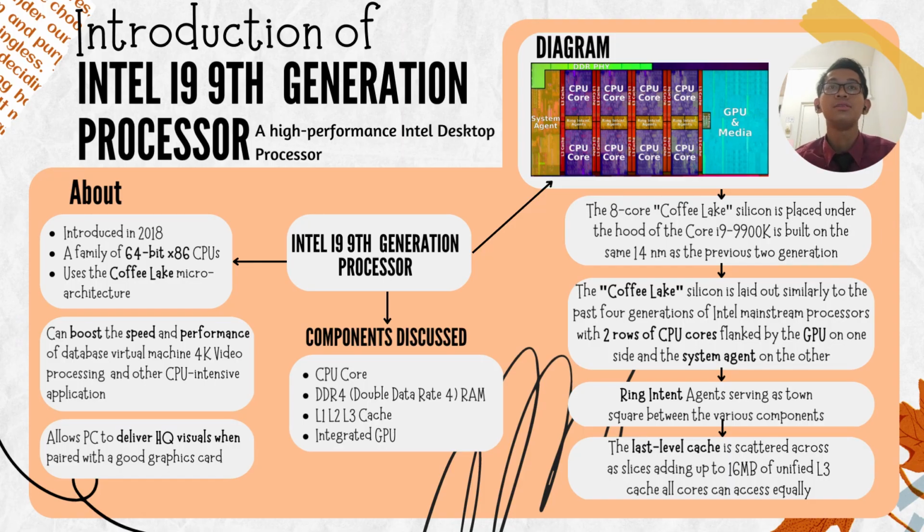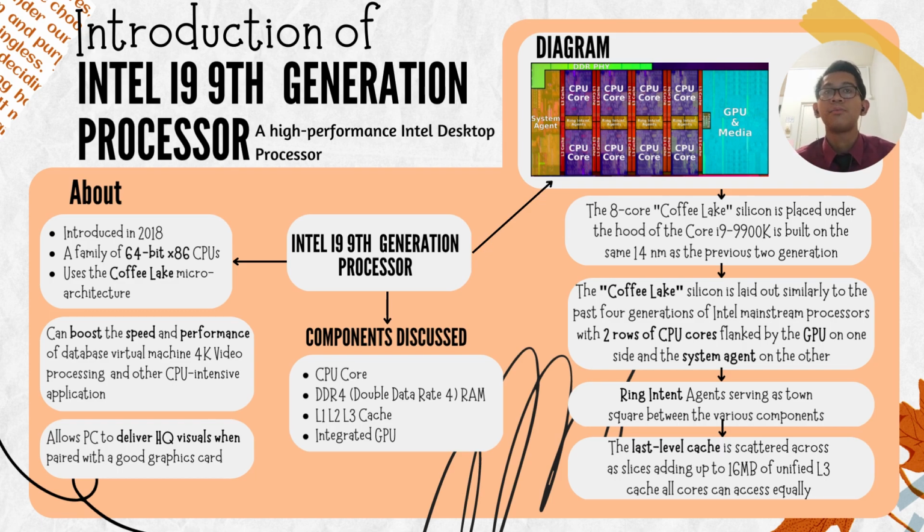In this slide, I will introduce you to the Intel i9 generation. Intel i9 was introduced in 2018, a family of 64-bit x86 CPUs that use the Coffee Lake microarchitecture.